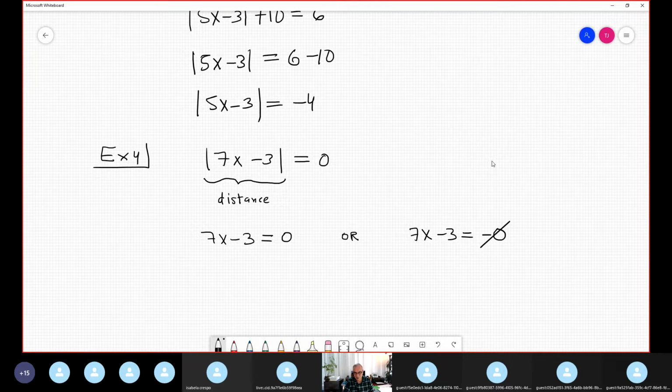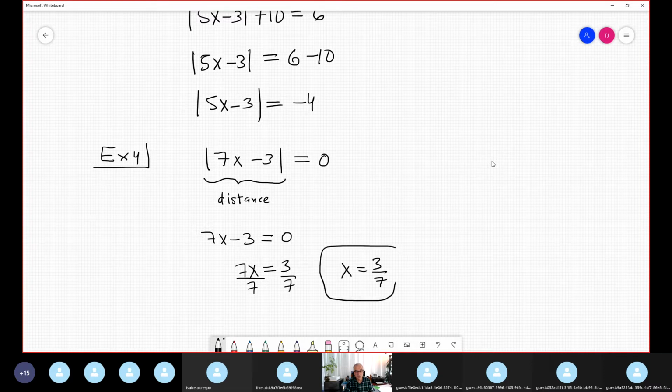It makes no sense to talk about minus 0. 0 has no sign, 0 is just 0. Therefore, when the right-hand side is 0, we have only one solution. You move 3 to the other side, 7x equals 3, x equals 3 over 7.